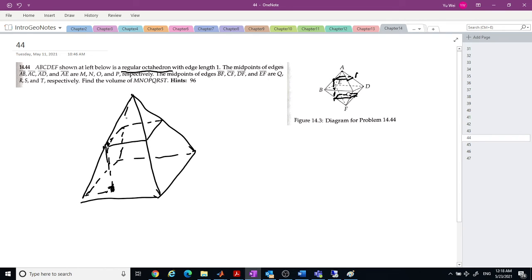This is half of the height. But if we drop a line from this one to here, you can see this height. So this is half of the height of the regular octahedron.